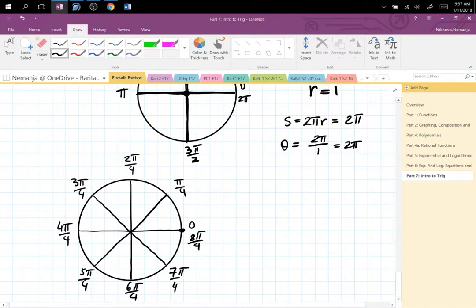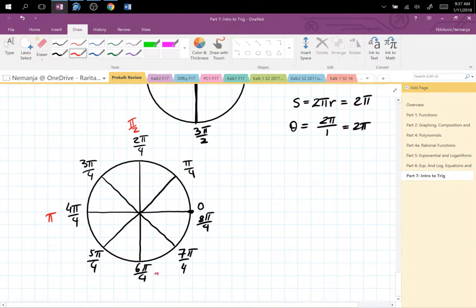Do you see that every single one that needs to reduce will reduce exactly to what we need from the previous circle? 2 pi over 4 is reduced to what? Pi over 2 on top. How about 4 pi over 4? Pi. How about 6 pi over 4?